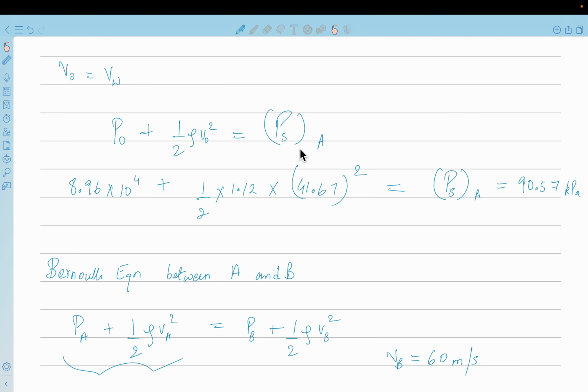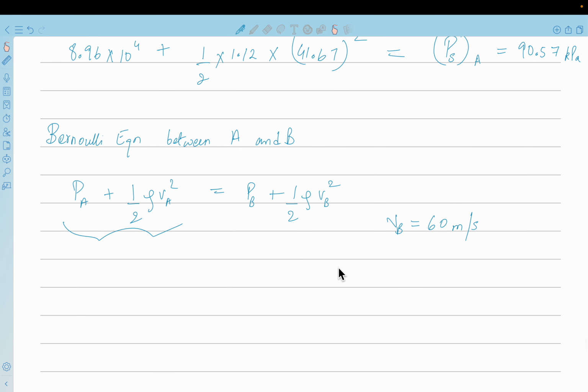And this you just now found. This is what you have found as stagnation pressure A. So this is 90.57 kilopascal minus half rho, density was 1.12, and VB is 60 square. So this is kilopascal, right? So I'll convert it to pascal, that is into 10 to the power 3.